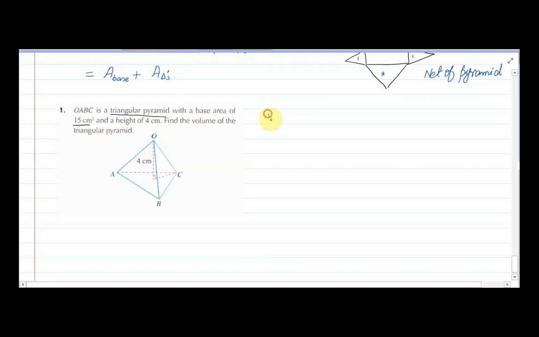So we need to find the volume of the pyramid, and we know the working formula, which says 1/3 base area multiplied by height. Now the base area is known, and that is equal to 15.